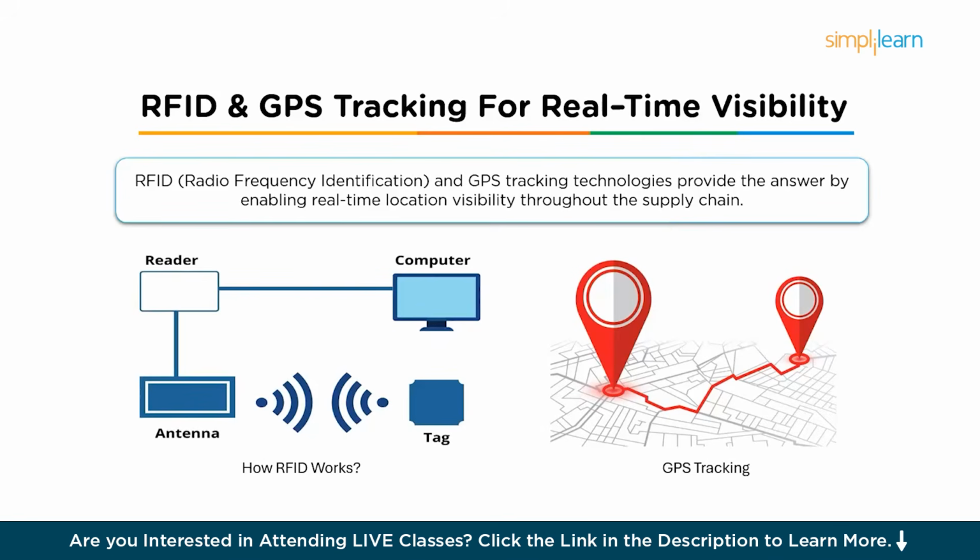This visibility helps logistics teams optimize routes, respond proactively to delays, and keep customers informed with accurate delivery windows. Combined, RFID and GPS technologies create an end-to-end digital trail essential for efficient and transparent supply chain operations.